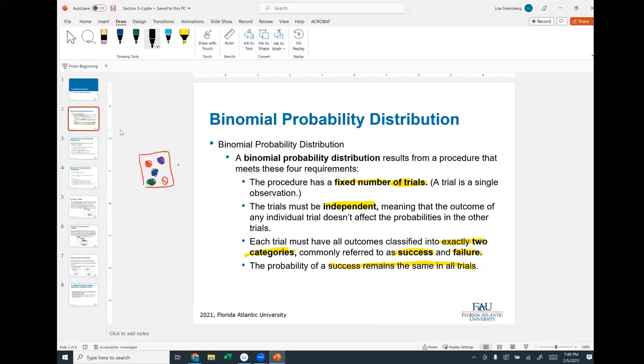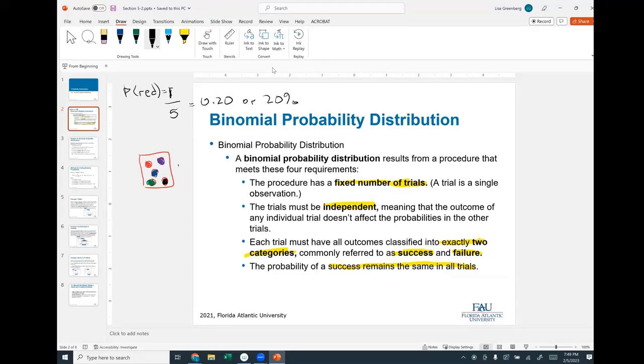Okay, so there's our 5 balls. If I want to know the probability of picking a red ball, there's only 1 red ball out of 5 balls. So it's 1/5, which is equal to 0.20 or 20%. Okay, so that I think we're all familiar with.